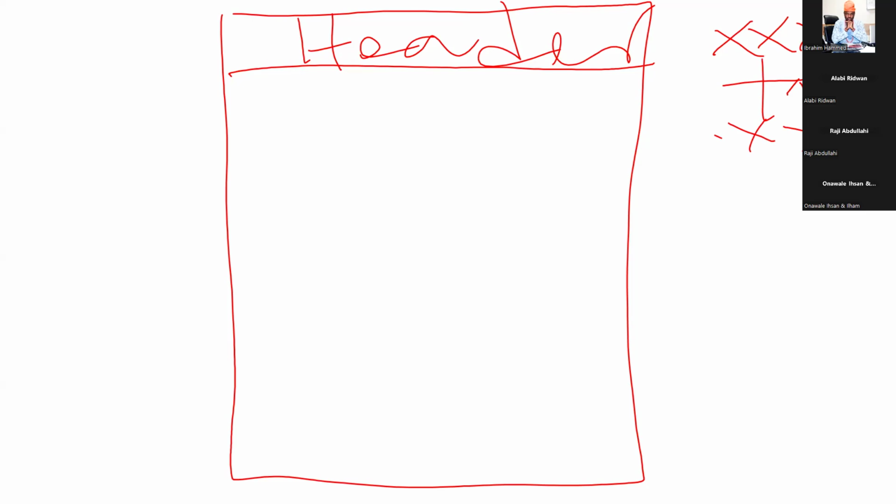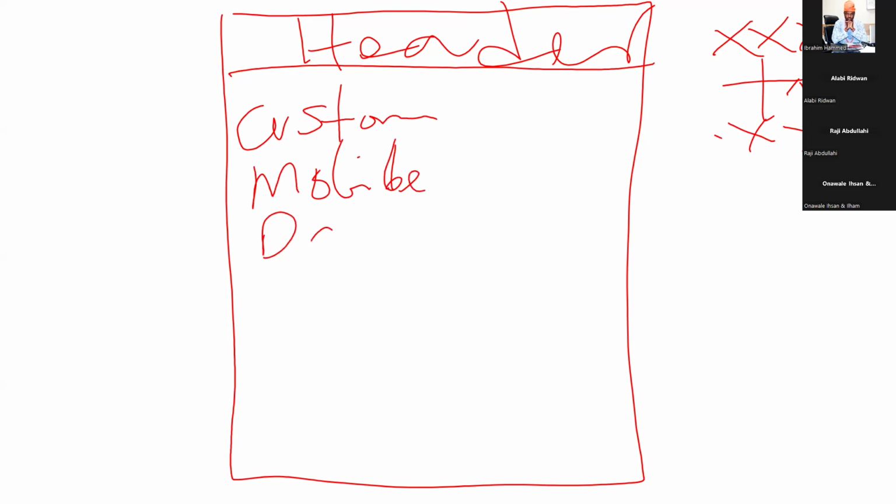And then immediately after that, we will have the customer name, the mobile number of the customer, and then the date on the top left corner. If you want to put it on the top right, it depends on what suits you. But that's going to be the first thing immediately after the header.